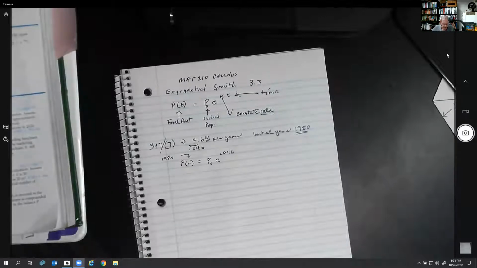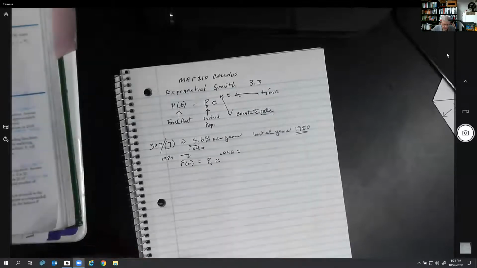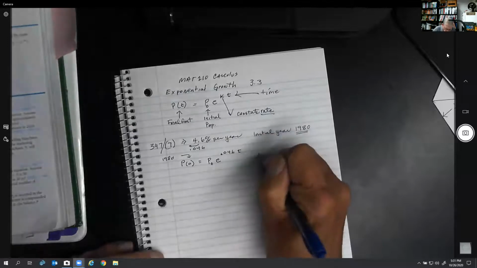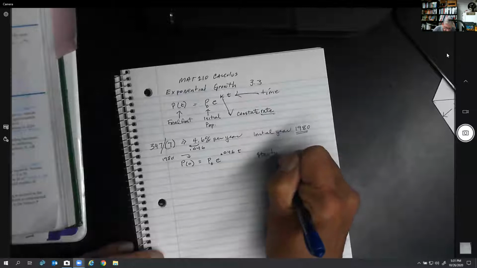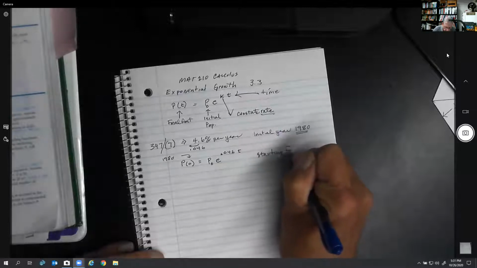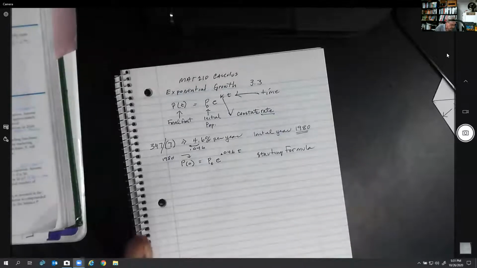And then T is how many years it's going to take to grow to that. So that's our initial formula, our starting formula. And that's what they wanted right here. They didn't really say it in so many words, but that's what they wanted, this starting formula.